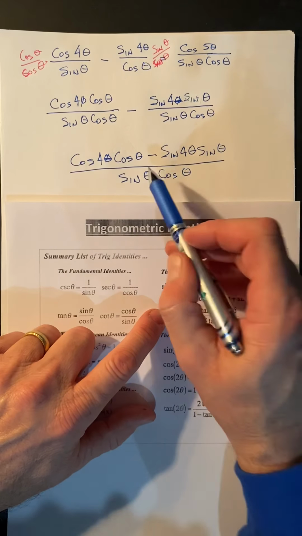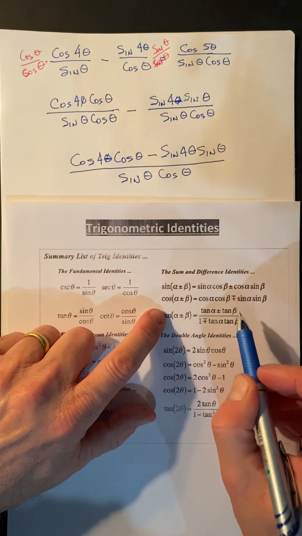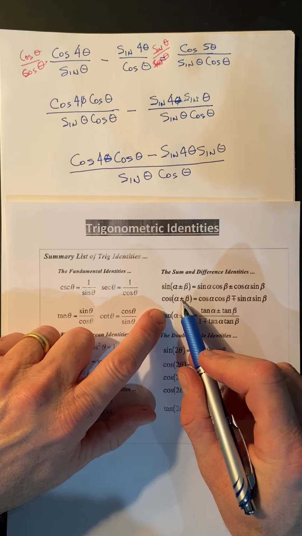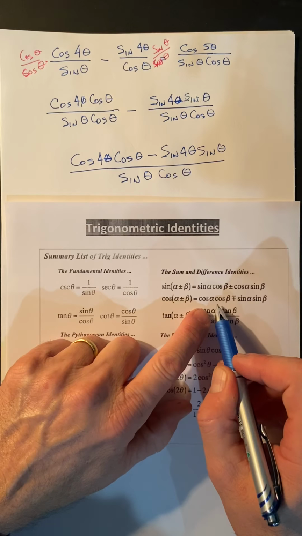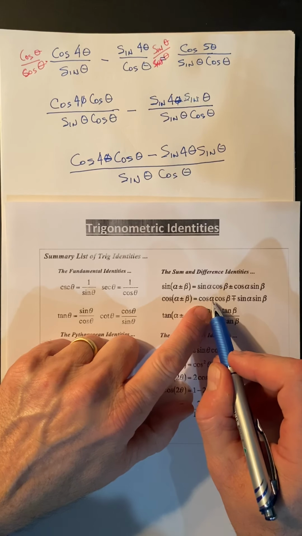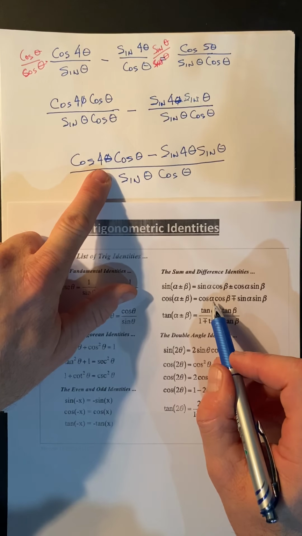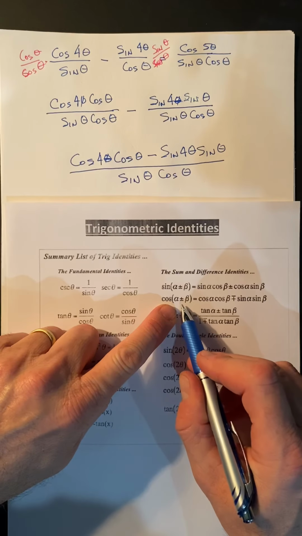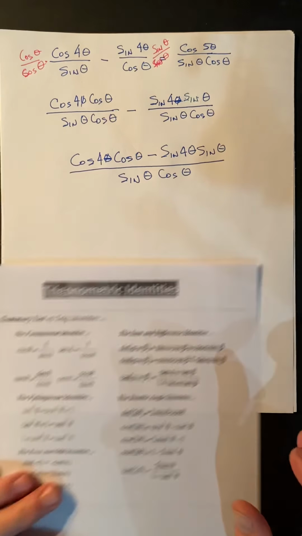So I have a subtraction here. So if I have a subtraction on this side, I actually have an addition, right? Notice here that alpha is going to be 4 theta. Beta is going to be theta, right? So I need to add my alpha and beta.